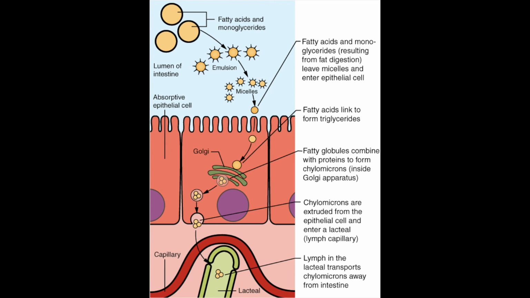The bile salts will also bind to the fatty acids and glycerol, forming these little droplets called micelles, which can then fuse with the epithelial cells in the small intestine, and therefore they release the fatty acids and glycerols into those epithelial cells.